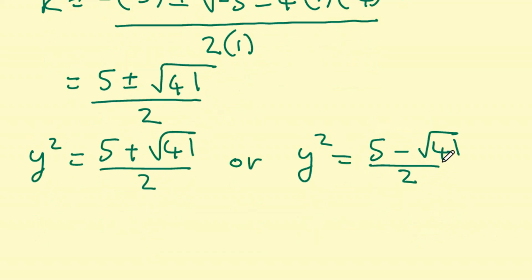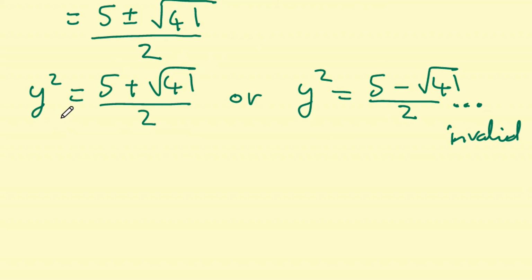Now, this answer here will be invalid because we're going to get a negative out of here, and no number squared can give us a negative answer. So this answer will be invalid. And that means that y squared is only equal to 5 plus the square root of 41 all over 2.